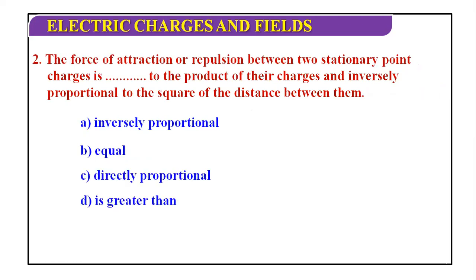The force of attraction or repulsion between two stationary point charges is dash to the product of their charges and inversely proportional to the square of the distance between them. Force of attraction or repulsion between two point charges is dash to the product of. सबसे पहले मैंने बताया था F is dash Q1 Q2, तो क्या बोलेंगे उसको?